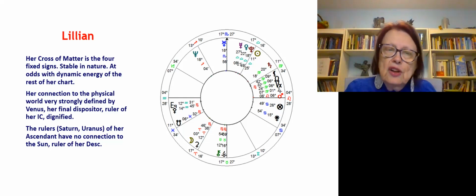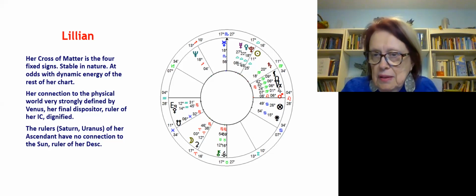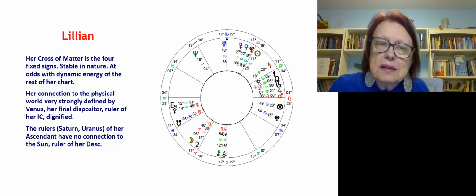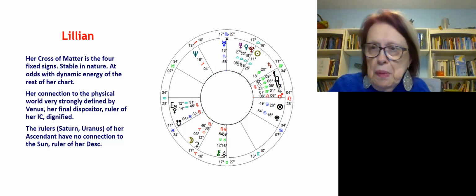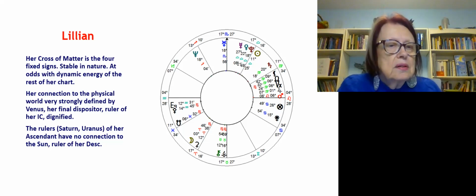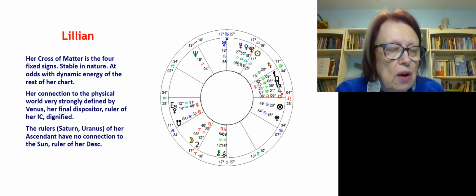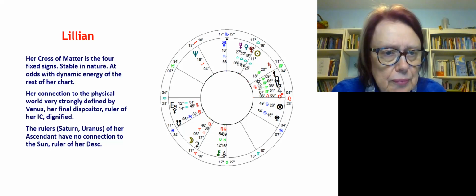So again, her cross of matter is the four fixed signs. So she's stable in nature. Her world is stable in nature, but it's at odds with the dynamic energy of the rest of her chart. And I talked about the Moon trine Mars, Uranus conjunct the midheaven, and how that tends to keep things more up and down than you would expect with that fixed cross of matter.